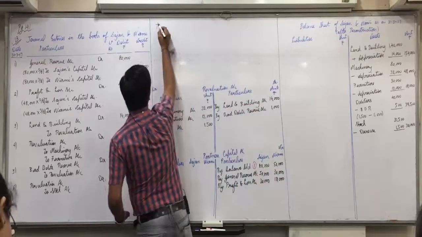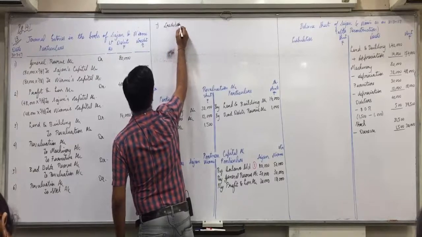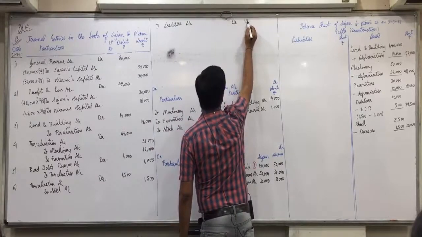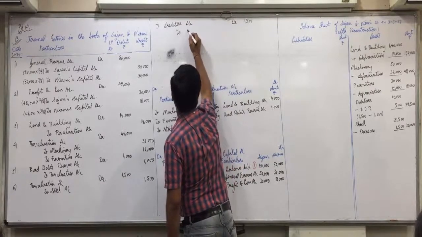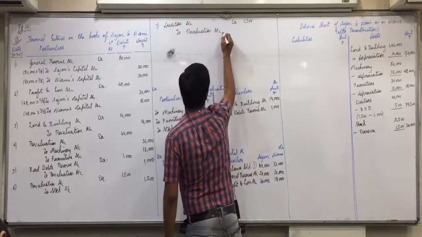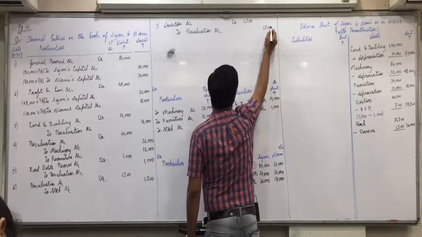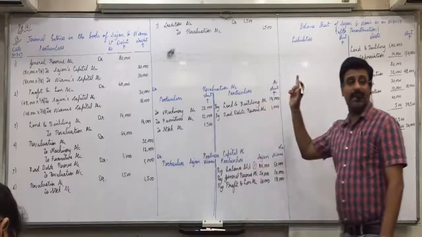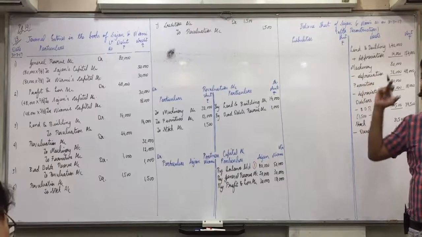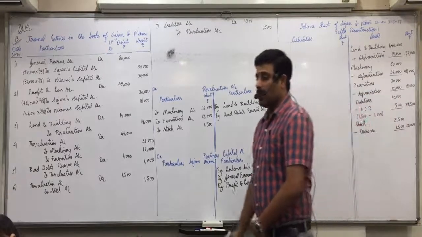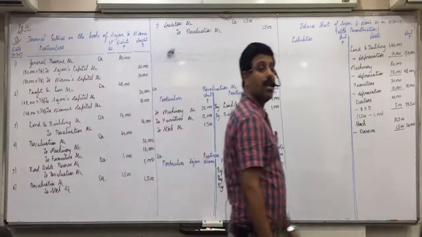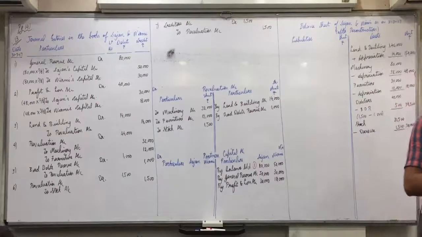So, creditors account debit 1,500 to revaluation account 1,500. Anyone who did not understand the journal entry? Tomorrow I'll be asking you every journal entry. All of you are able to follow this? Being amount not payable to creditors.